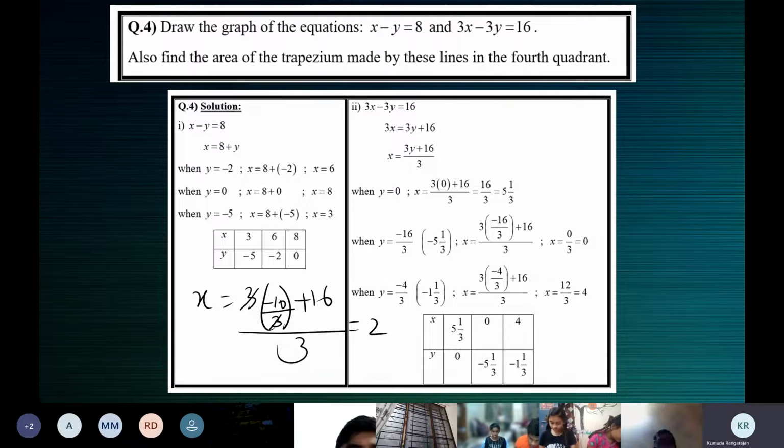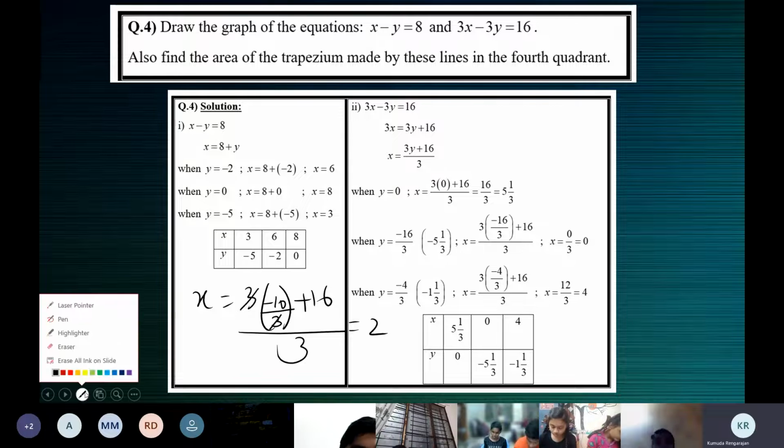Okay, so like this, you have to take the table and plot the values.